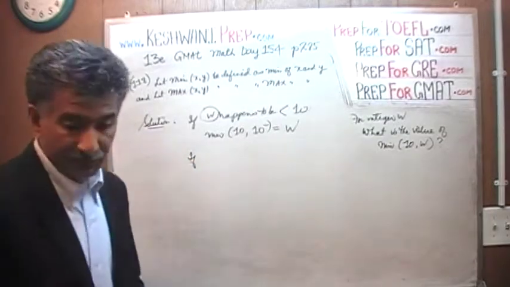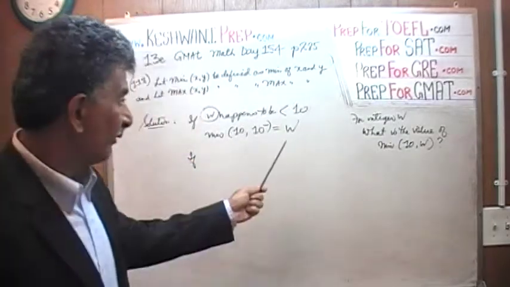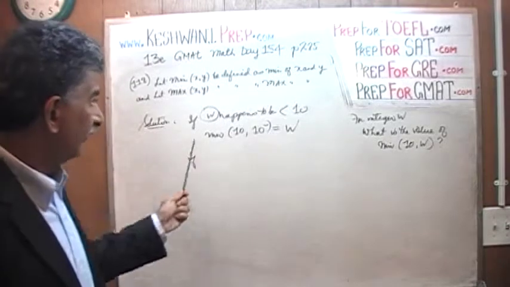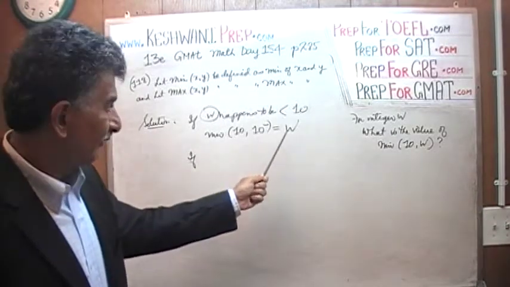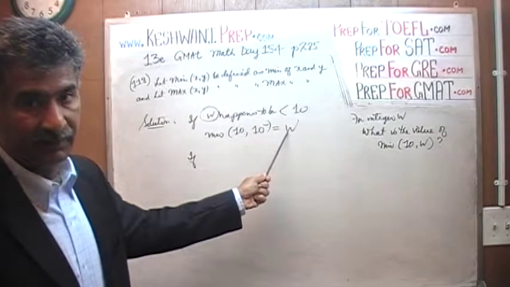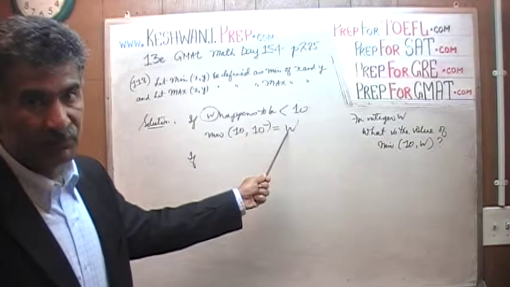In which case we need to know the precise value of w in order to answer this question. What is the value of the minimum of 10 and something less than 10? The answer would be whatever it is that w is, the precise value of w.